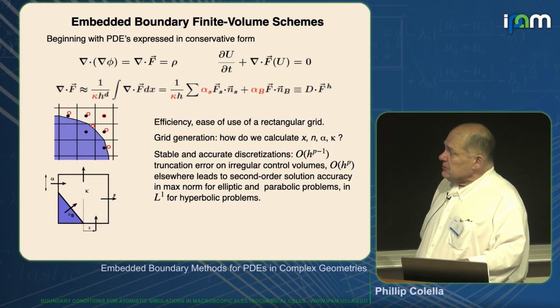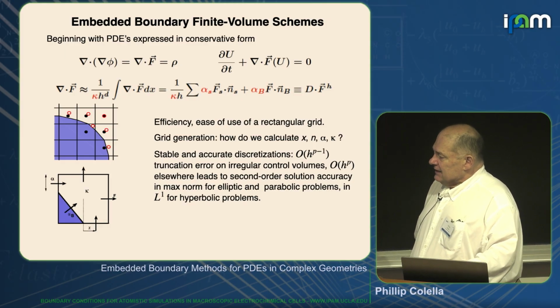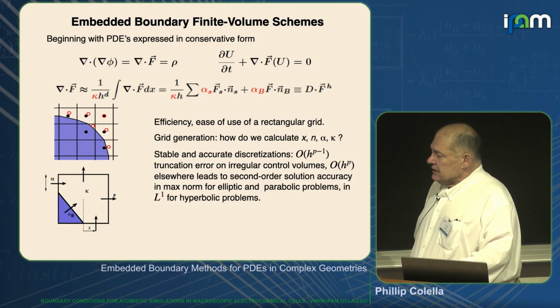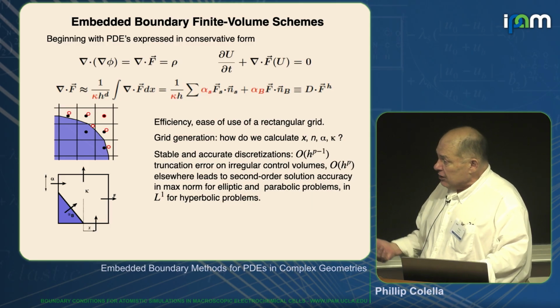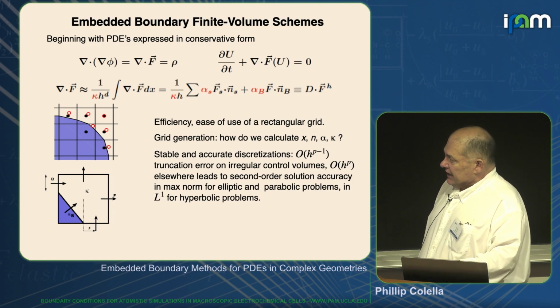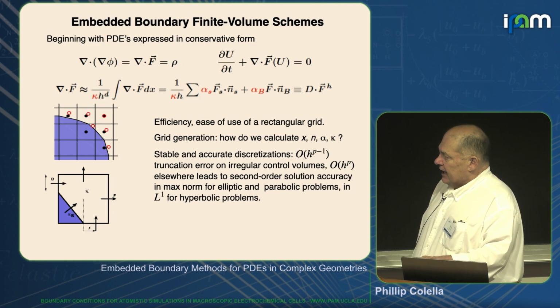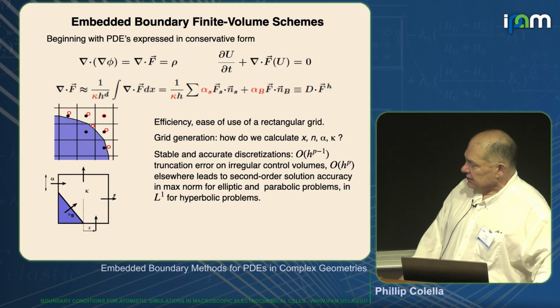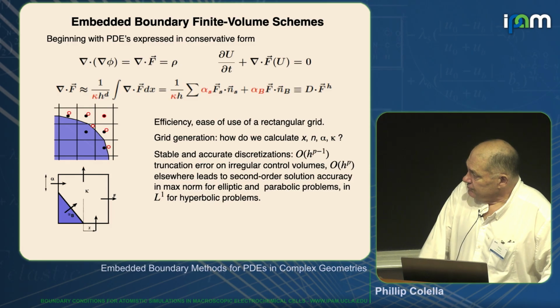Then we have one more term, which is the average of the flux along the intersection of the boundary of your domain and the cell. So that's alpha_b f dot n. And that is what we define to be the divergence of F, F^H.